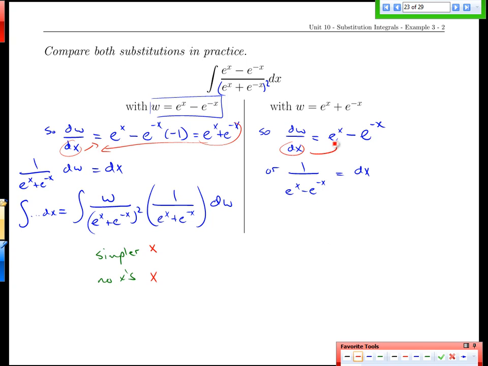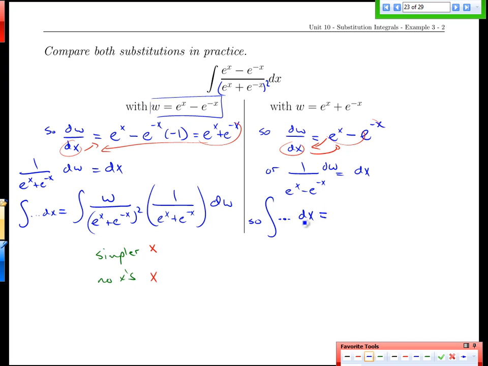Again, bring the dx up, bring this down, and we'll need a dw in there. My apologies. So that will be our reconfigured relationship between dx and dw.